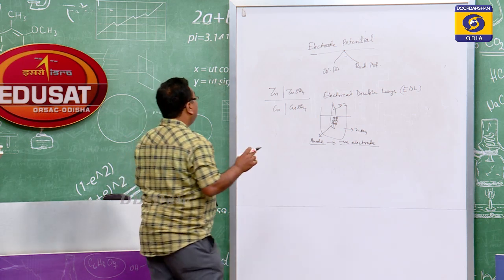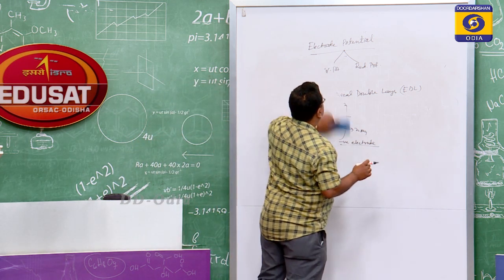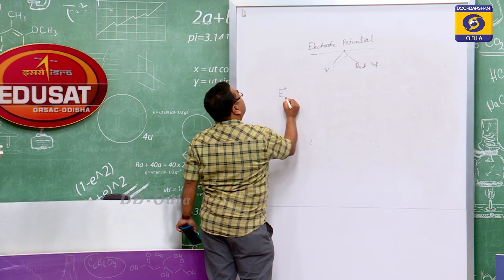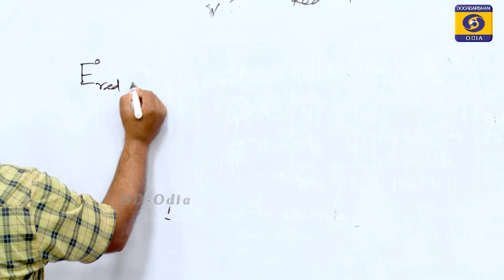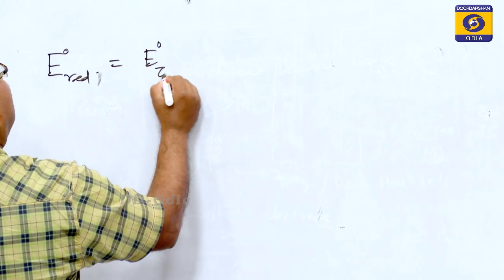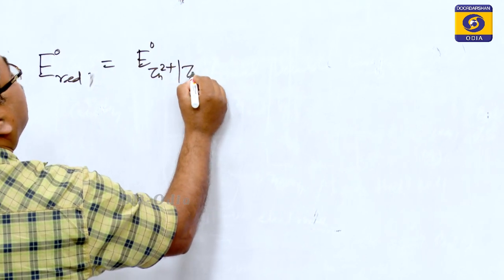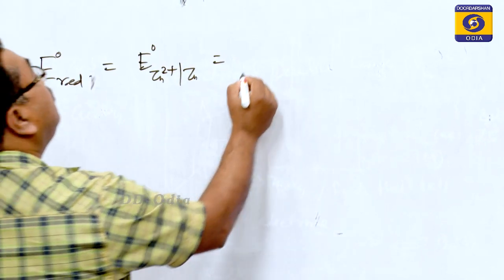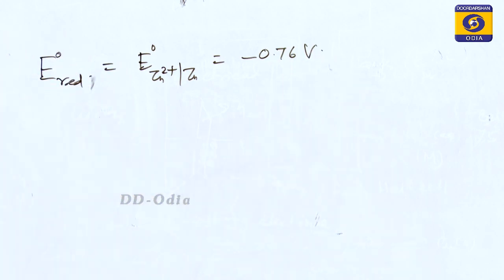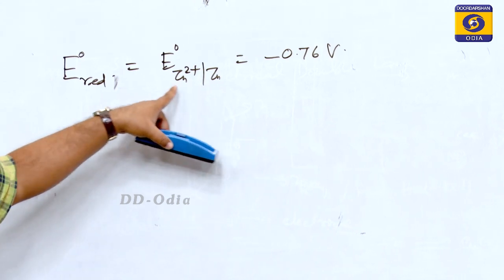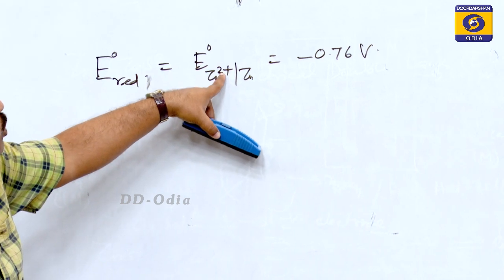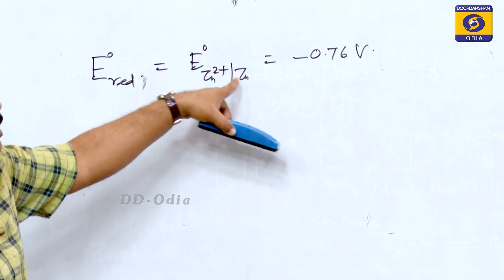For example, E0 reduction potential, suppose Zn2+/Zn is equal to minus 0.76 volt. You see this is the reduction potential because of the sense of writing: this is plus 2 and this is 0, this stands for reduction.